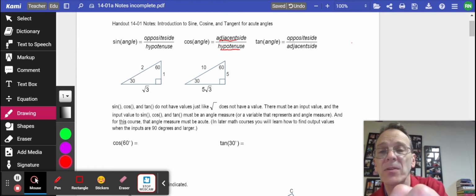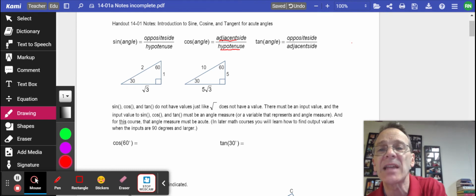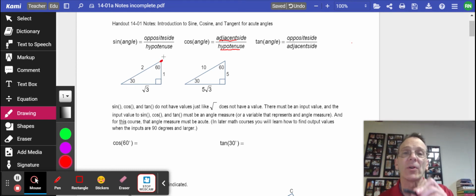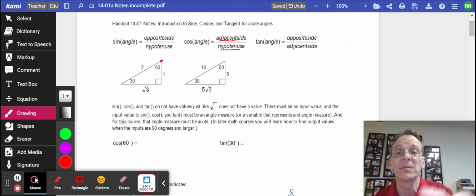So imagine that this triangle is rather large. Say it's laid out on a street or on a huge expanse of pavement, and you're standing right here at the corner, or the vertex, of that 60-degree angle, and you're looking out at the triangle.